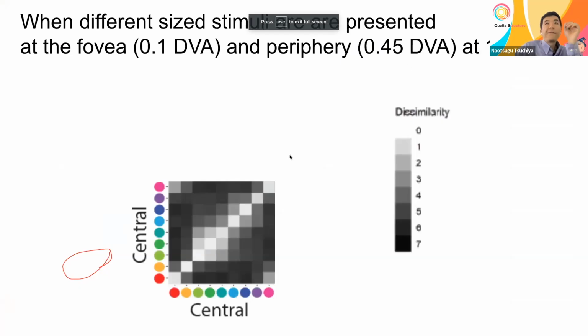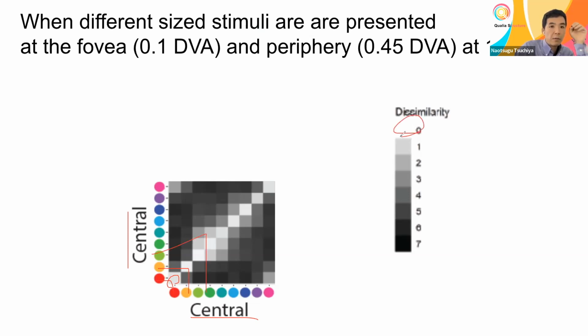If both stimuli were presented at the center, then as you might expect, only the similar pairs, red and red, orange and orange, and green and green, result in a dissimilarity of 0. But blue and green result in a dissimilarity of 7 and so on, right?